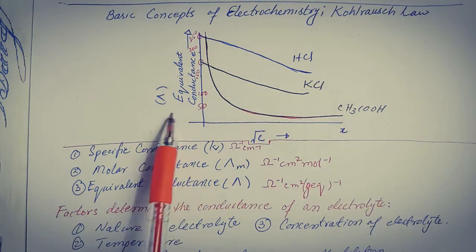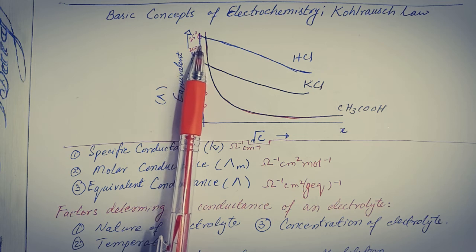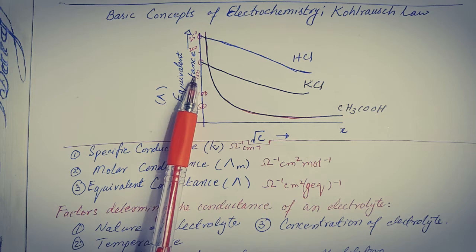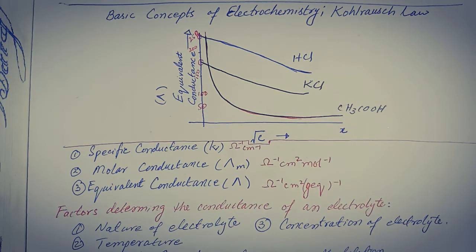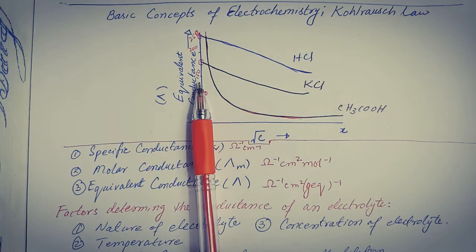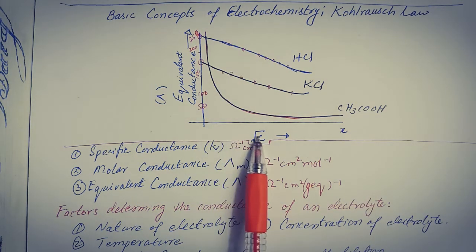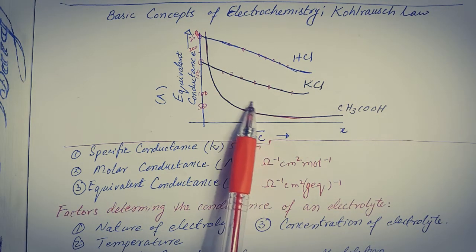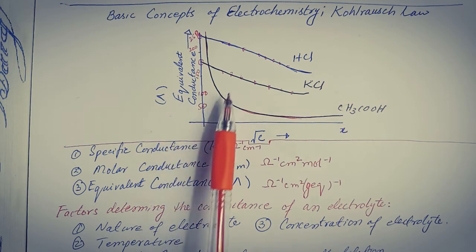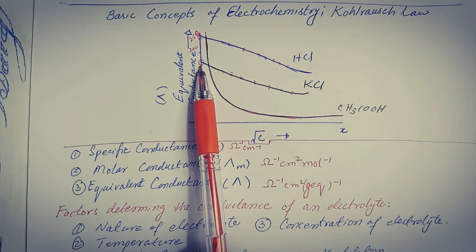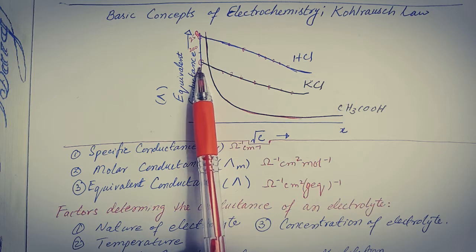Here the value of concentration is higher, and if you move from higher concentration towards lower concentration, the equivalent conductance is increasing to a maximum limiting value at which the solution is so dilute that the concentration approaches 0. So these are the equivalent conductances of HCl and KCl at infinite dilution. The value for HCl at infinite dilution is about 250, whereas it is around 175 for KCl. This level of dilution cannot be obtained practically, so we need to take different concentrations of the electrolyte, and the respective equivalent conductance can be plotted and extrapolated to get the value of equivalent conductance at infinite dilution.